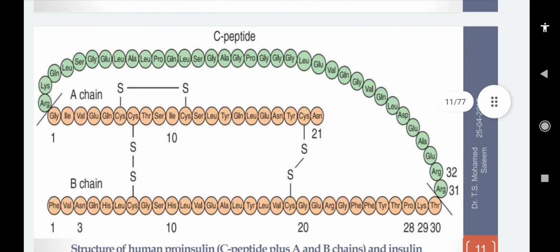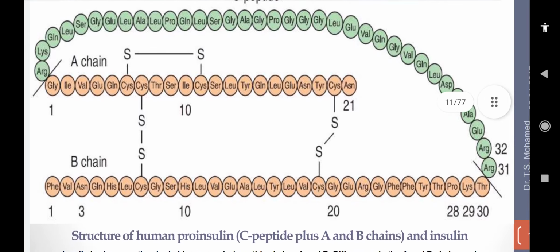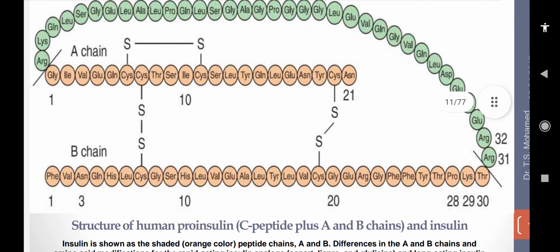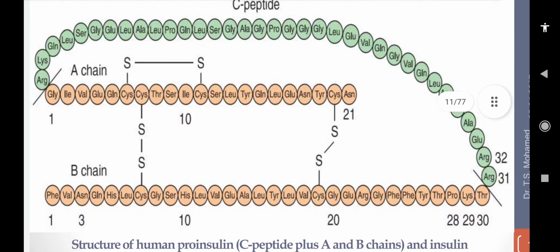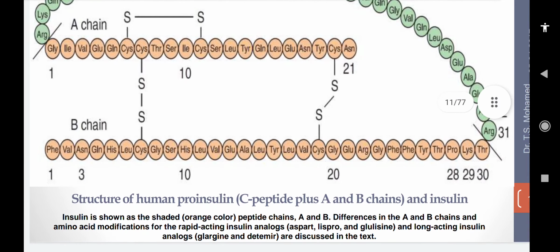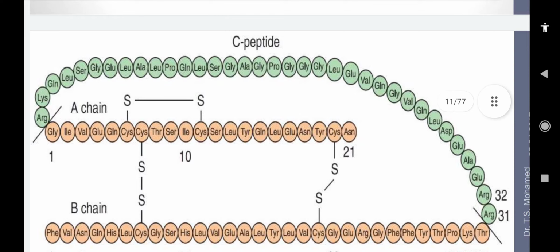Okay, this is the structure of insulin. These are the two chains, A and B, and insulin. The orange shaded structure is insulin. It has two chains A and B. As you can also see, there is a disulfide bond.